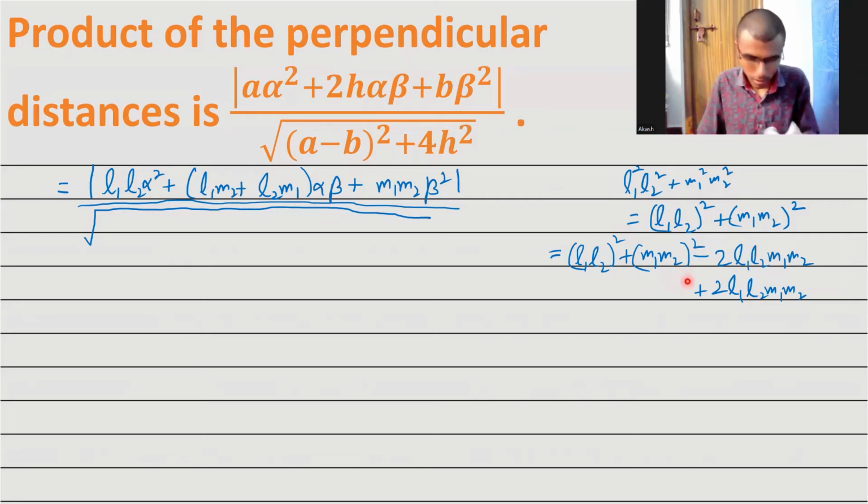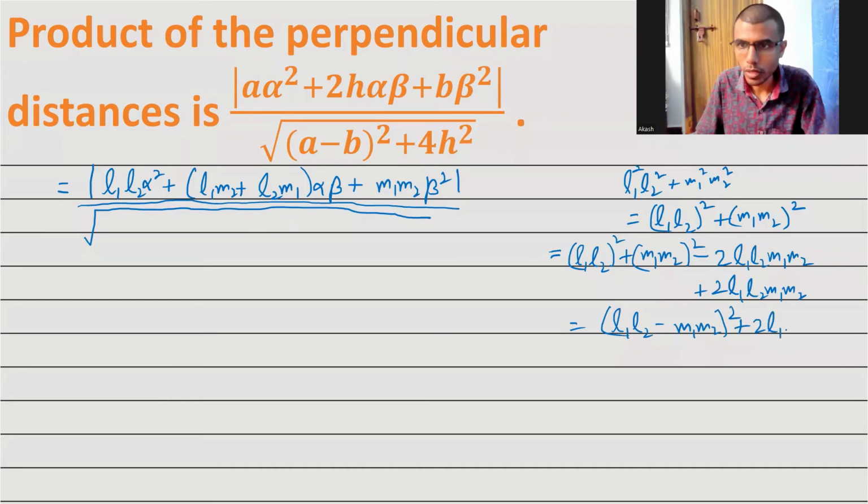Now this is of the form a square plus b square minus 2ab. So I can write it as L1 L2 minus M1 M2 whole square plus this part 2 L1 L2 M1 M2.